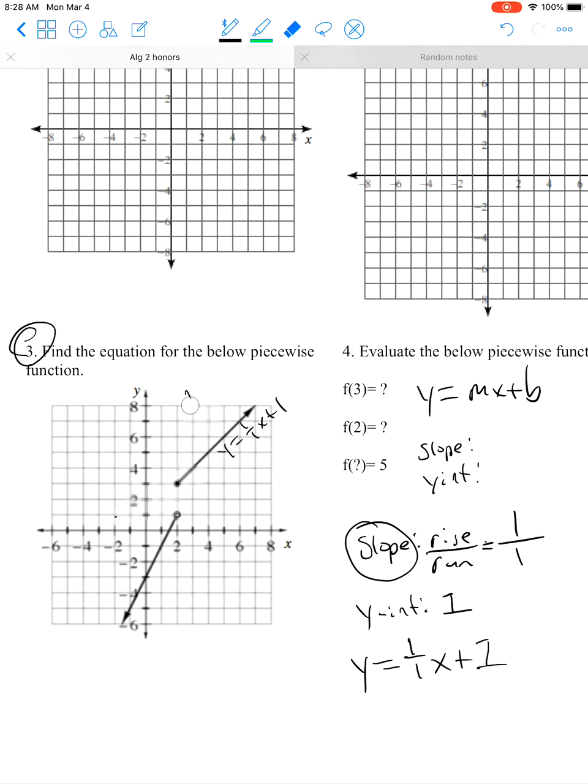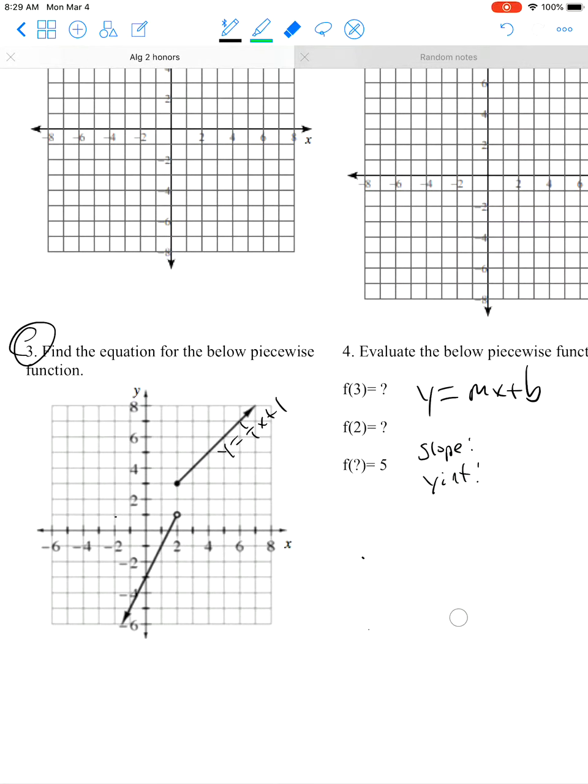Now let's figure out the equation for this line. Let me erase this other stuff. We'll use it now for this next equation. Cool. Again, I need a slope and a y-intercept. For my slope, I need to find 2 pretty points.